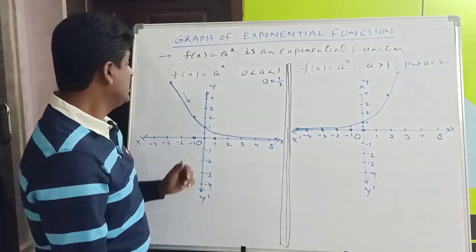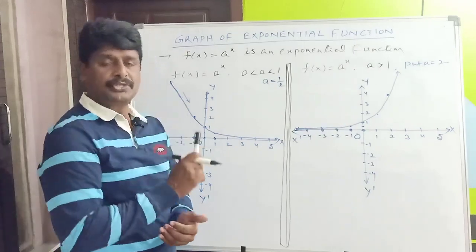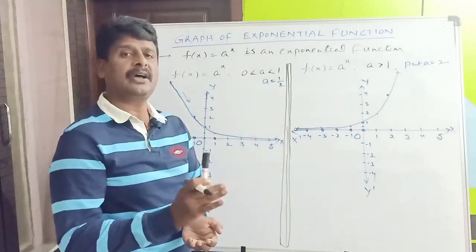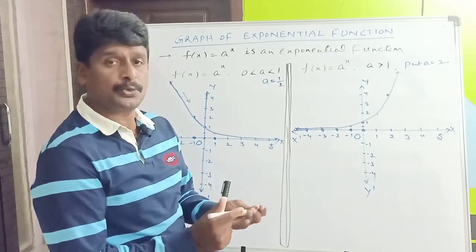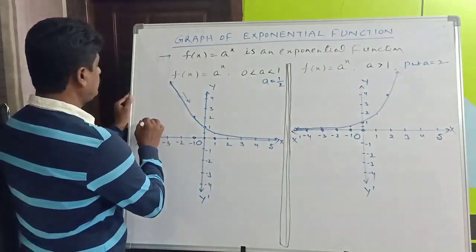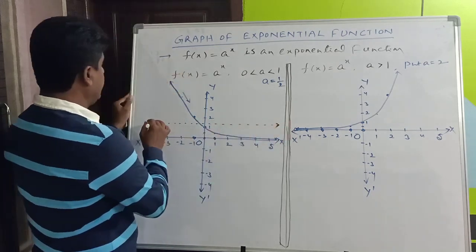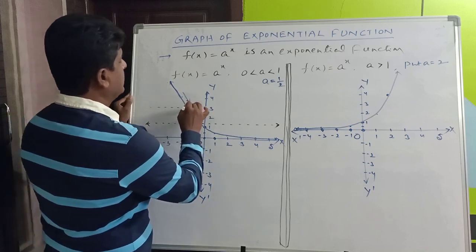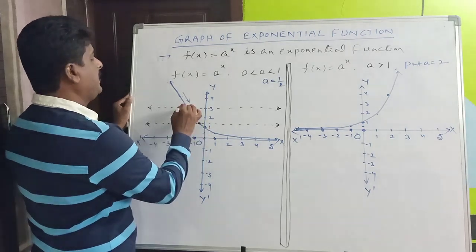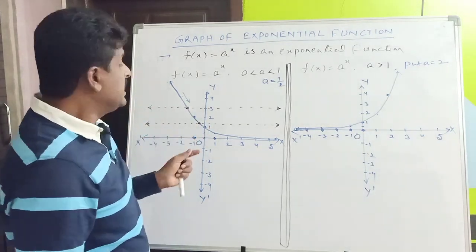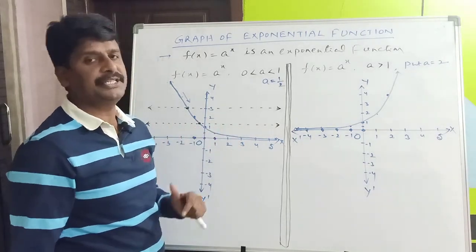And how to check whether the function is 1-1 or not? To check whether a function is 1-1 or not through the graph, we have to draw a line parallel to the x-axis. This is the line parallel to the x-axis. So whichever line parallel to the x-axis you draw, if such a line intersects the graph at only one point, we can say that it is 1-1.